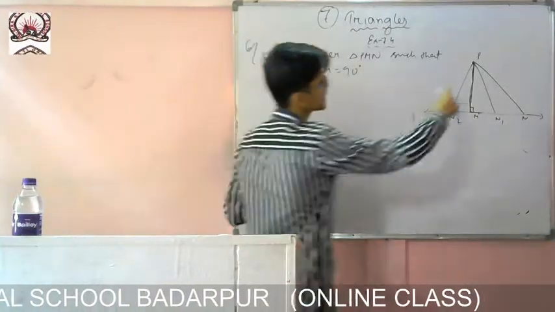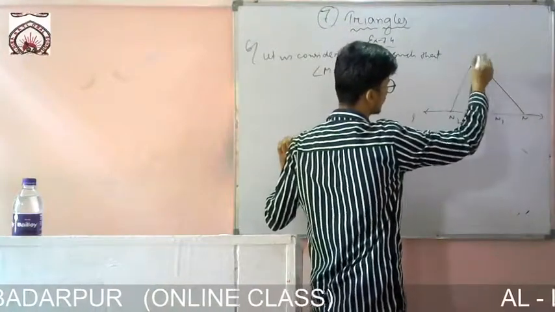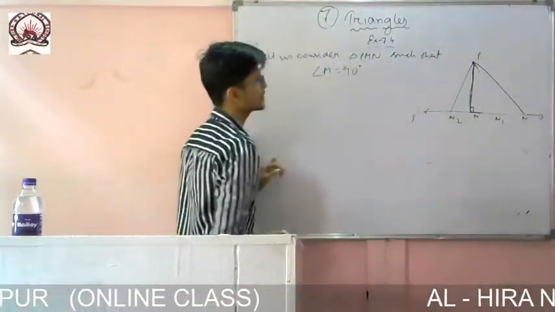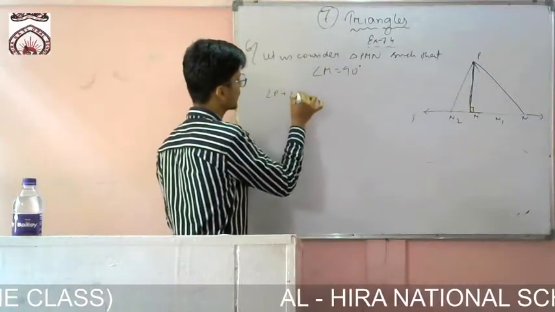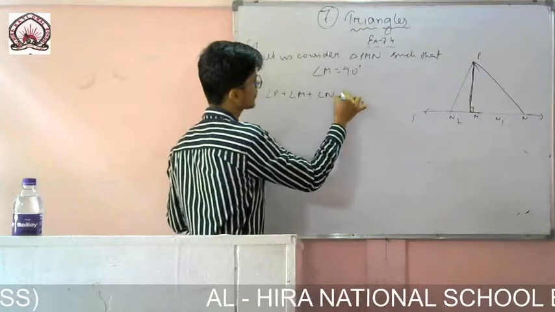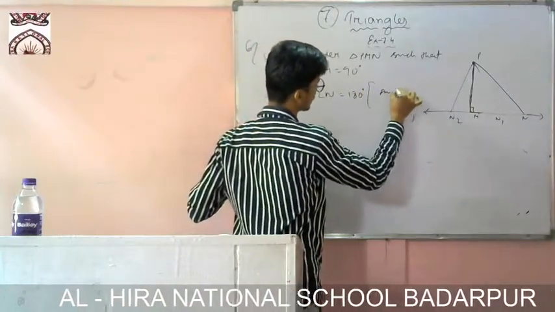First of all, I am just taking this triangle PMN and leaving the other things, which I will do later. So if this is a triangle PMN, then I can write, therefore, angle P plus angle M plus angle N will be equal to 180 degrees, since the angle sum property.